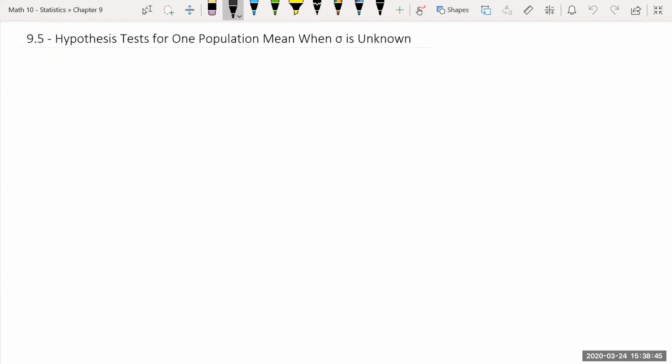So this time we're doing a hypothesis test for one population mean, but this time sigma is unknown. So let's state it this way.